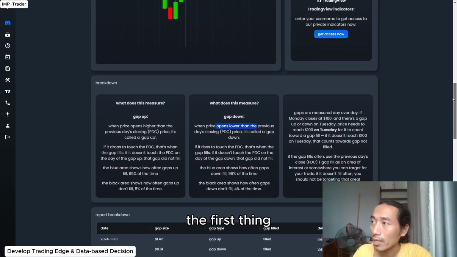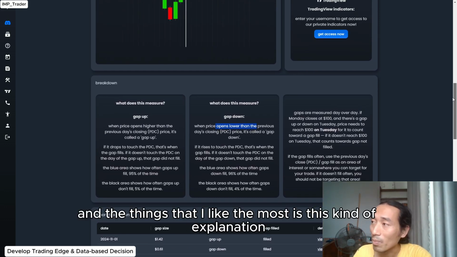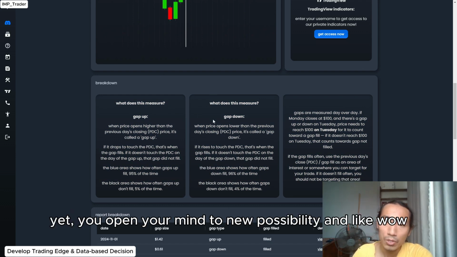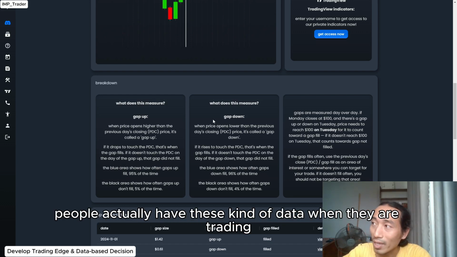The thing I like the most is this kind of explanation, because just by understanding the report, and not even using the data yet, you open your mind to new possibilities, like, wow, people actually have this kind of data when they are trading.